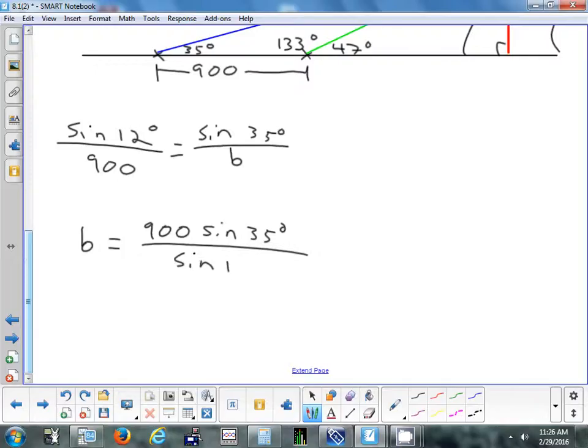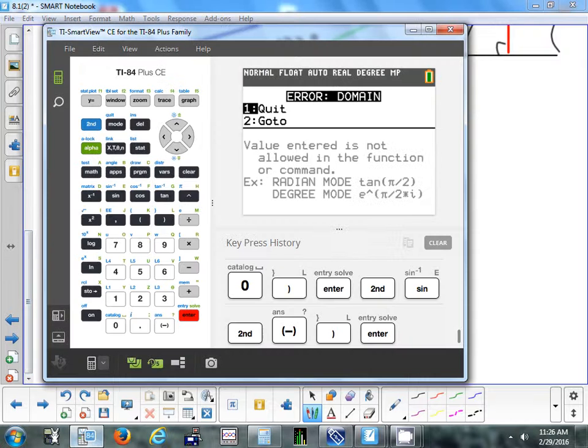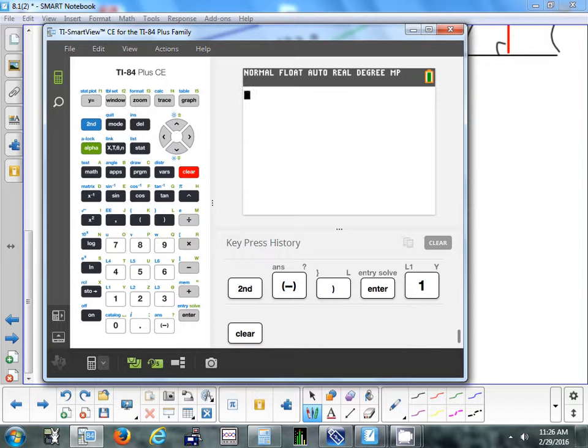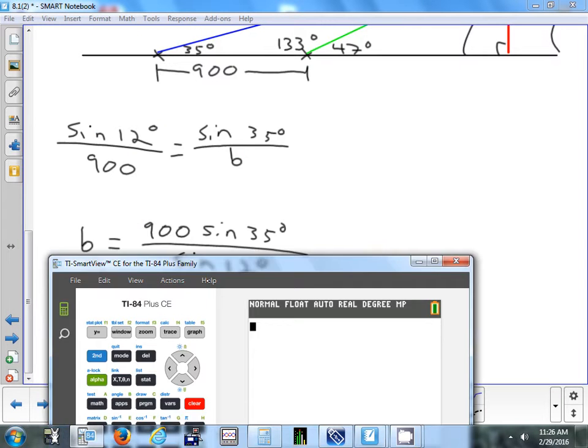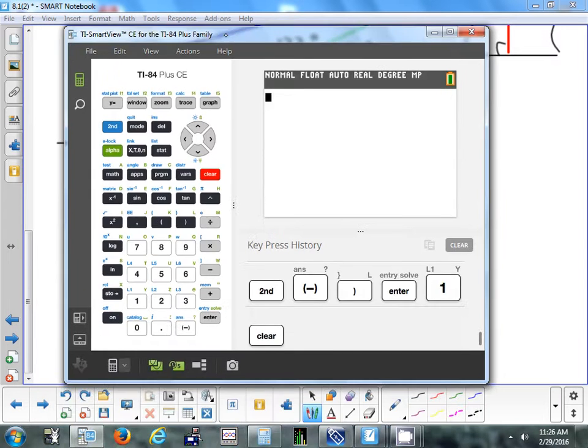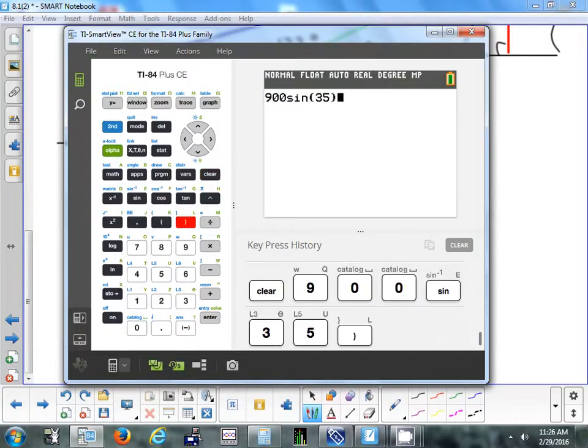Perfect. And because we eventually want the height as a decimal, why don't we find out what that is? So we've got 900 sine 35, divided by sine 12.